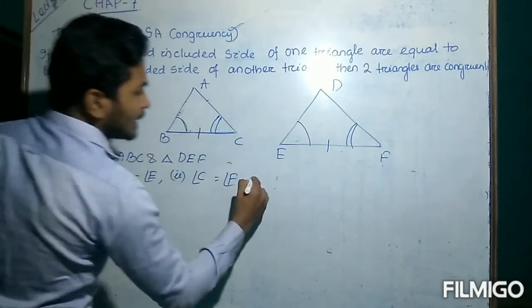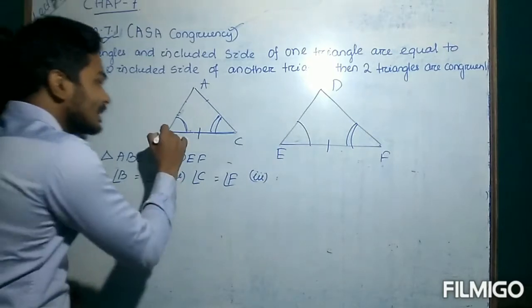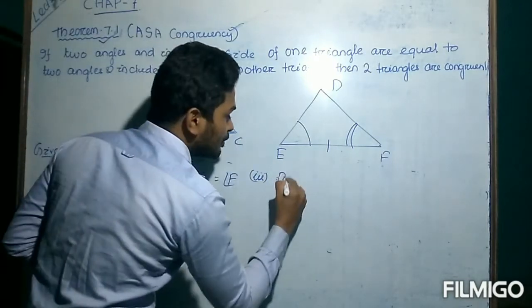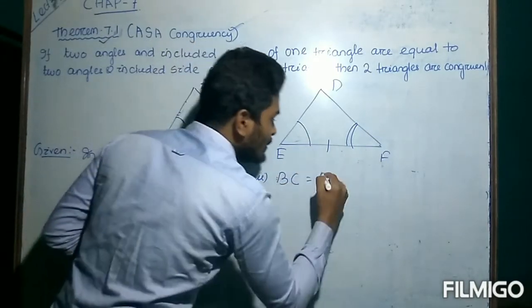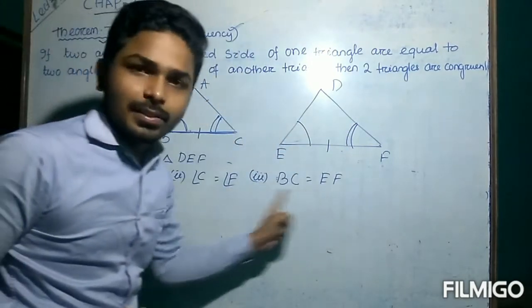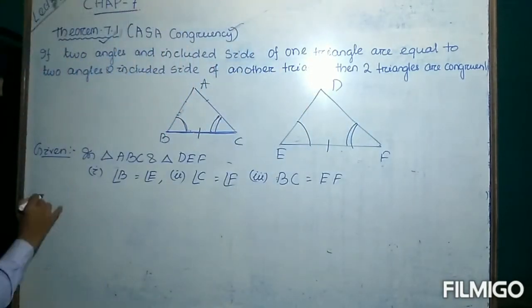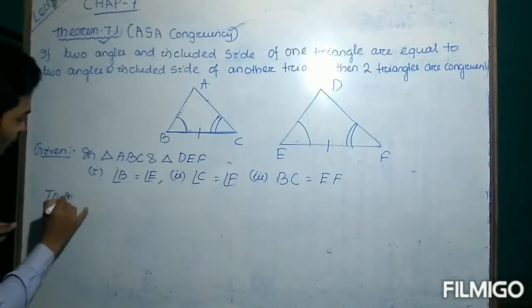The third given point is that this included side BC is equal to EF. So these three conditions are given from this statement. Now to prove, what do we need to prove?